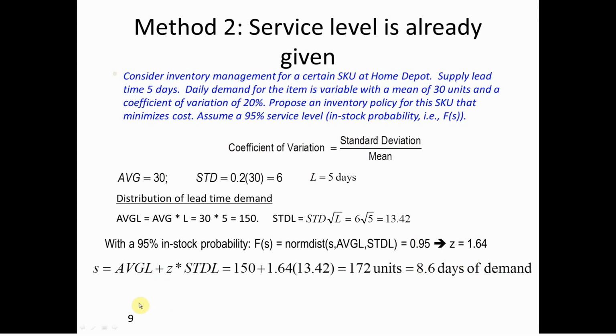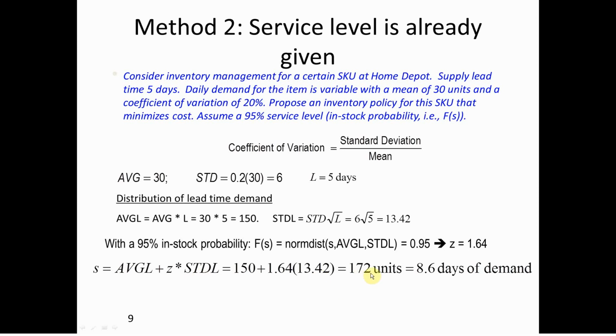And if we plug that into our basic conversion from Z's to non-Z's, our base stock formula, our newsvendor model, it's the same thing. We take our average plus that safety factor times the standard deviation. So 150 plus 1.64 times 13.42, we get 172 units.